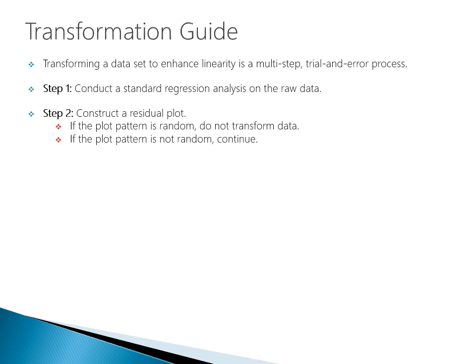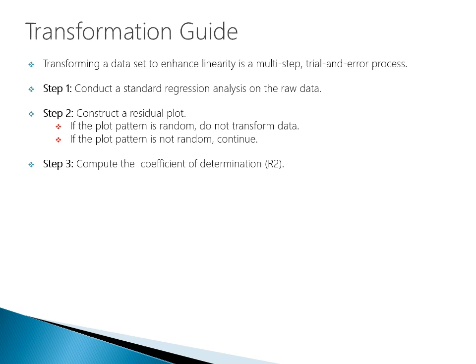Construct your residual plot. If the plot pattern is random, don't transform the data. If the plot pattern is not random, continue going through this process. Then I would compute the coefficient of determination, and we'll get into that a little more in regression diagnostics in the next presentation.